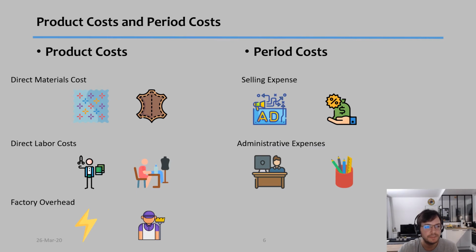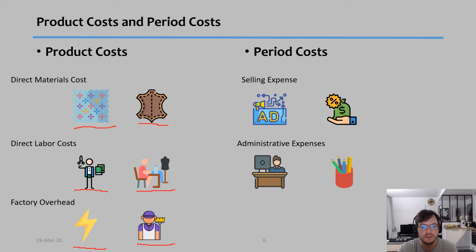So to give you some examples of different types of cost in each one of these categories. For example, the cost of leather and the cost of the lining would be a direct material cost. The cost of people working on the cutting department and the cost of people working on the sewing department would be a direct labor cost. The cost of electricity and the cost, for example, of the janitor of the factory would be factory overhead cost.